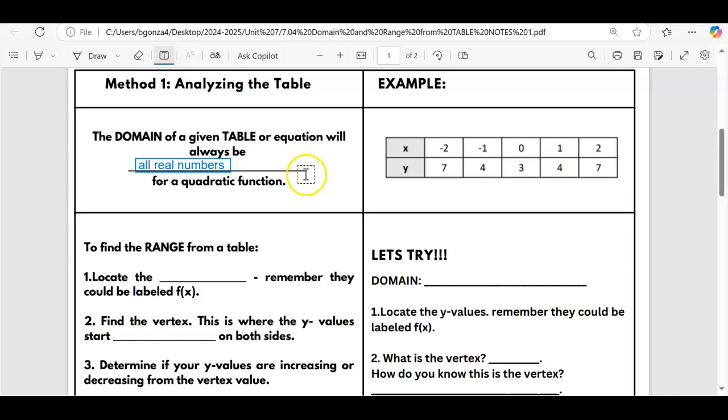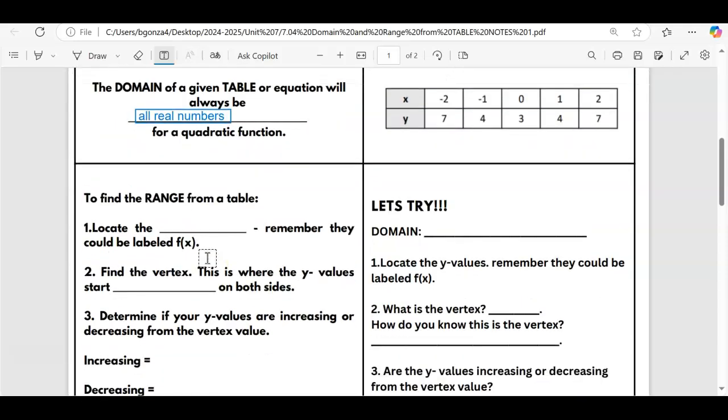Okay. So I see a table. I know the domain's always going to be all real numbers. So let's go ahead and look at this down here. First, we locate the what? First thing we're going to locate is the y values, okay? So y values. I'll put a little star right next to it. There they are. There's the y values on the table.